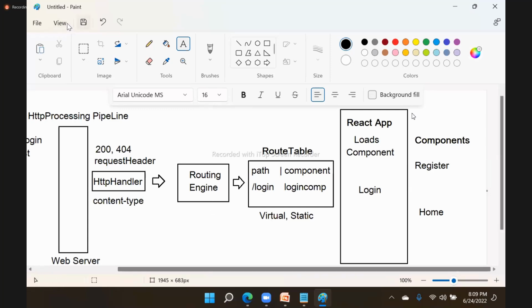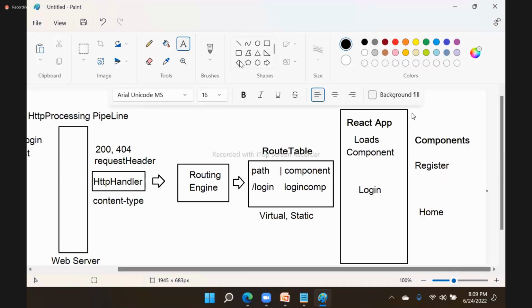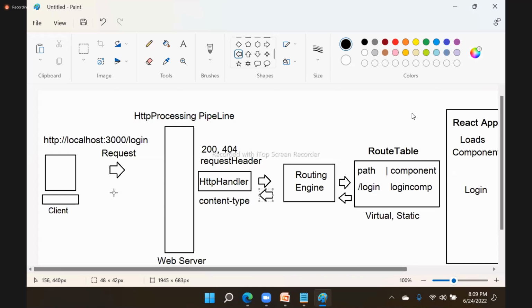This is the basic structure. Let me show you this. This is the basic architecture. That means the request comes, and now what happens after it is loaded? The response will go back, right? It will send that response through the routing engine, request and response, and the response comes back to the client.